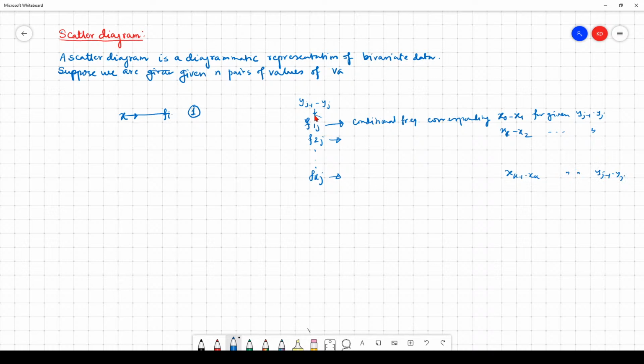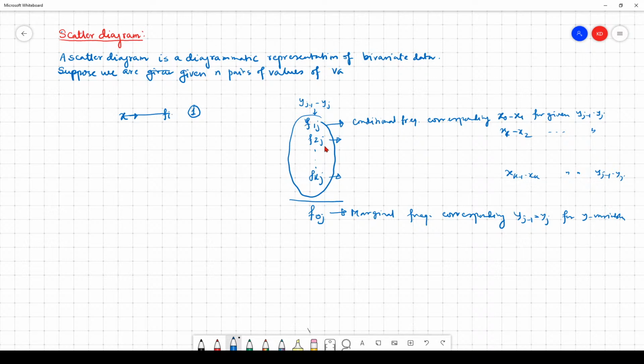Okay, these are the conditional frequencies, and if you add all this frequency, this gives the marginal frequency corresponding to class yj minus 1 to yj for the y variable.